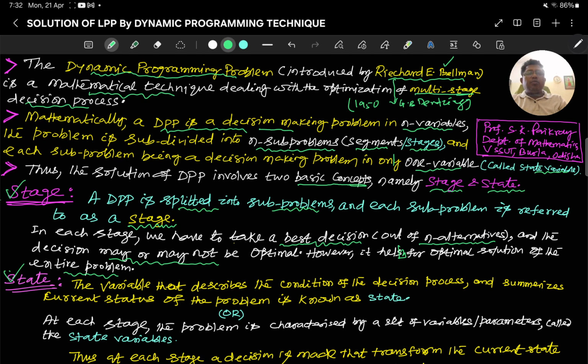So the optimal solution of the problem is accompanied by the solutions obtained from the individual stages, basically from the first stage.